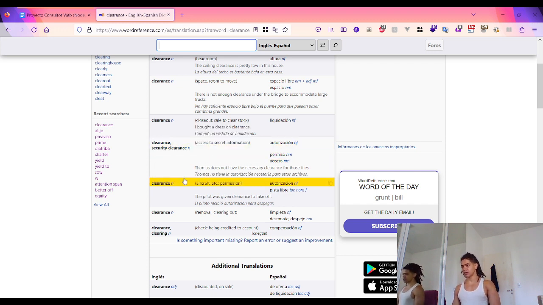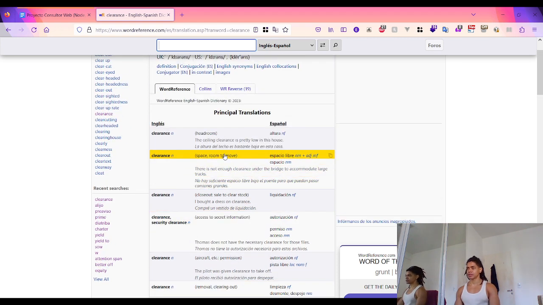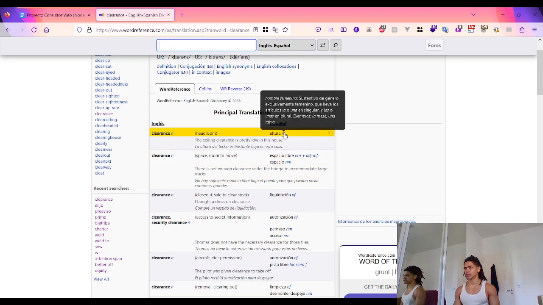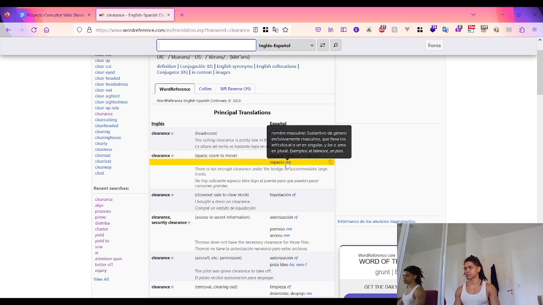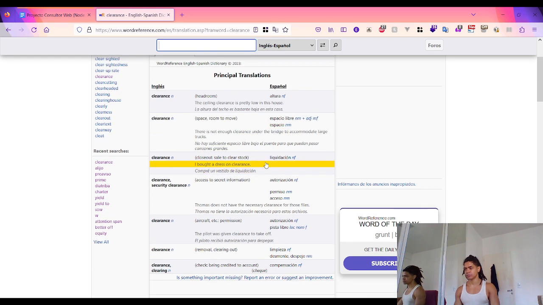Clearance, limpieza, desmonte, despeje, as one way to describe this, as a noun.